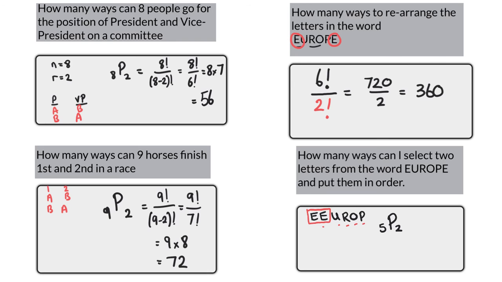But then don't forget, I could choose E and E as my 2 letters, and there's only one way of putting that, because if I reverse it, it's still the same thing. So it becomes plus 1. So it's 5 factorial over 3 factorial. Let's do that again. Plus 1. So 5 times 4 plus 1 equals 21.